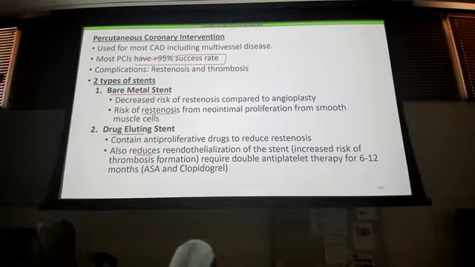The problem, though, is because you don't have that scar tissue forming around the stent, it means that platelets can become activated and form clots on that foreign body, so you need to be on dual antiplatelet therapy for at least 6 to 12 months if the patient got a drug-eluting stent placed.